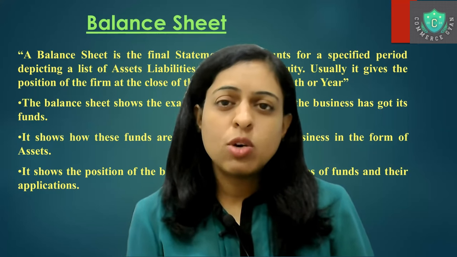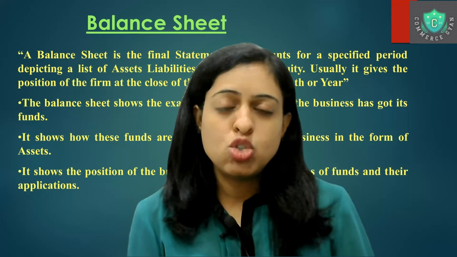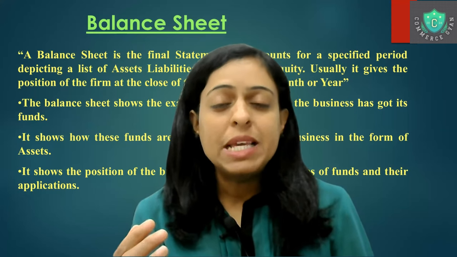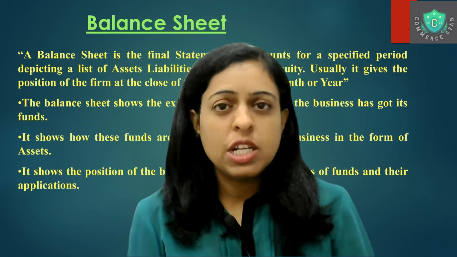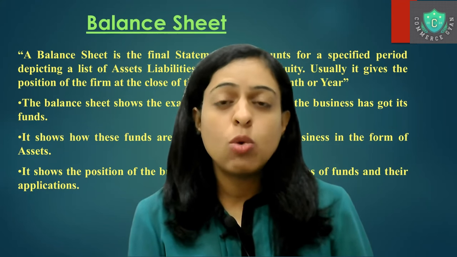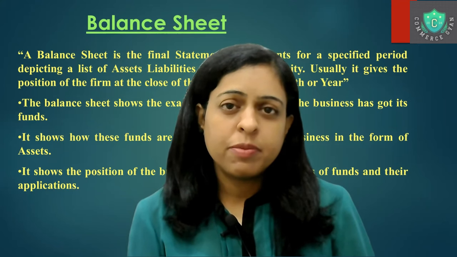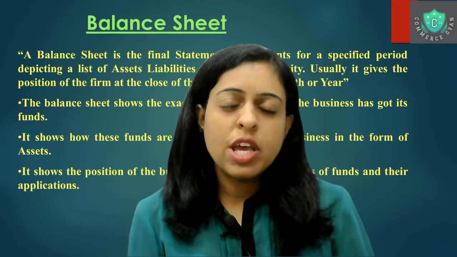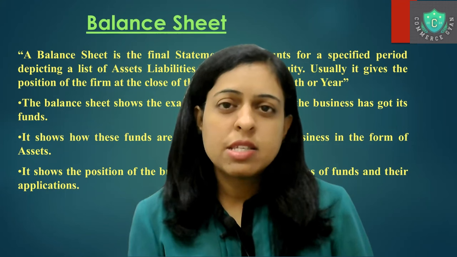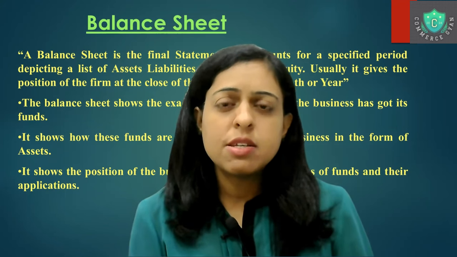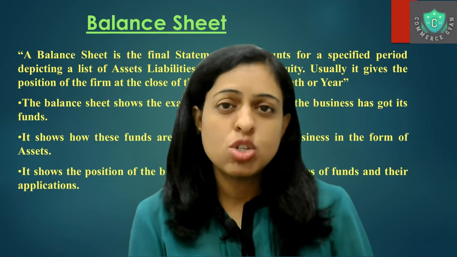And at the same time, we are going to see the principles and the conventions of accounting, which form the basis of making journal entries, of understanding various aspects of accounting. So journal entries, ledger, trial balance, and balance sheet, everything is based upon these principles and conventions of accounting.